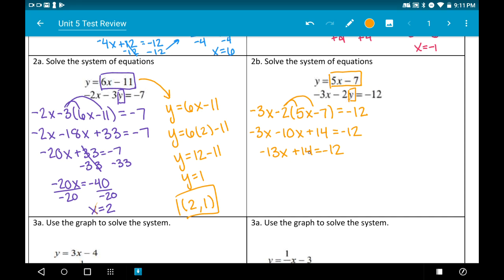Then we have to get rid of this positive 14, so I subtract 14 from both sides. So negative 13x equals negative 26. Then we divide by negative 13. So x equals positive 2.